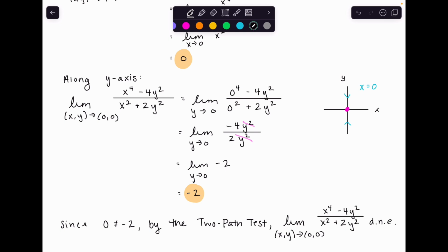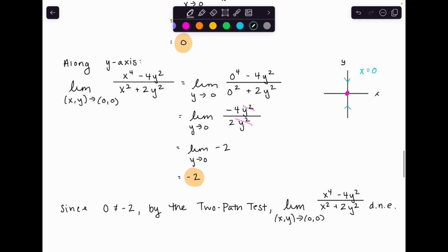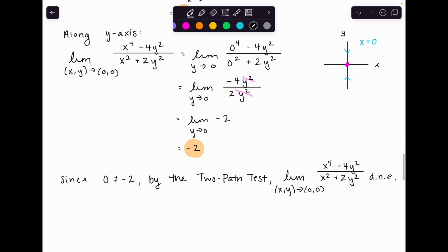It's a named statement that I'm using. I've got to actually state that in my conclusion to say I get this result. Because I got two different limits along two different paths that both approach (0, 0), the limit does not exist.